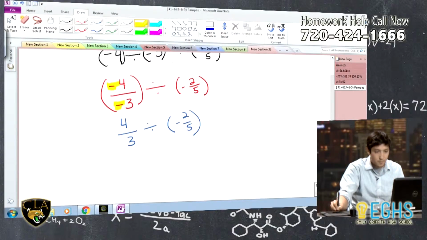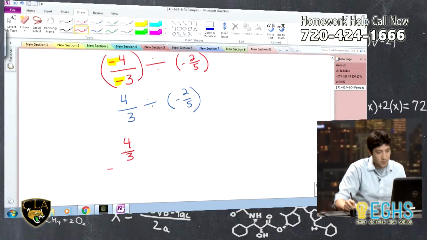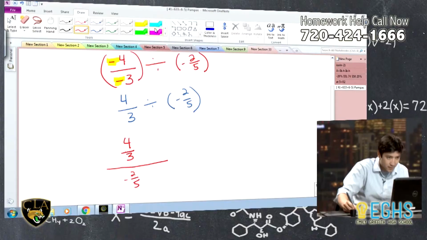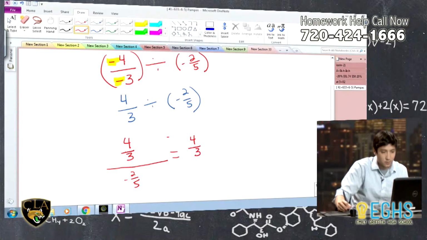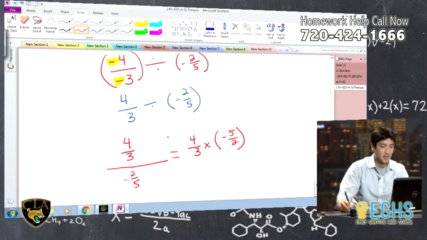So I'm going to just keep on going here and do 4/3, divided by -2/5. Now, when we're dividing a fraction by another fraction, what we're really doing is multiplying it by its reciprocal. So all I did was take what we're dividing by, flip it over, and multiply it. Keep it, change it, flip it.